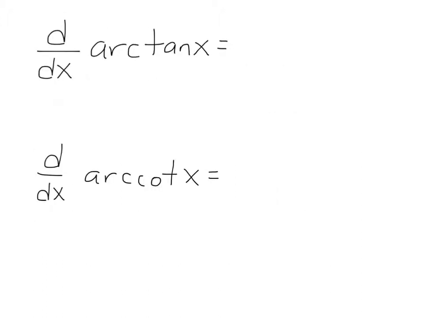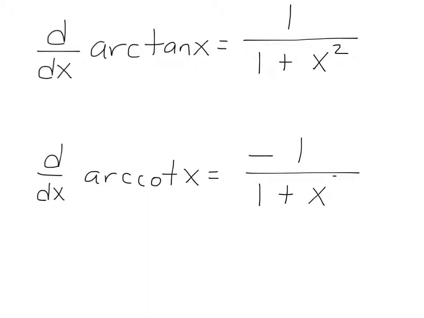Arctangent. So for arctangent, its rule is going to look like this. It's going to be 1 over 1 plus x squared. No square root. Just 1 over 1 plus x squared. For arccotangent, it'll be the same thing, but just negative. Negative 1 over 1 plus x squared.